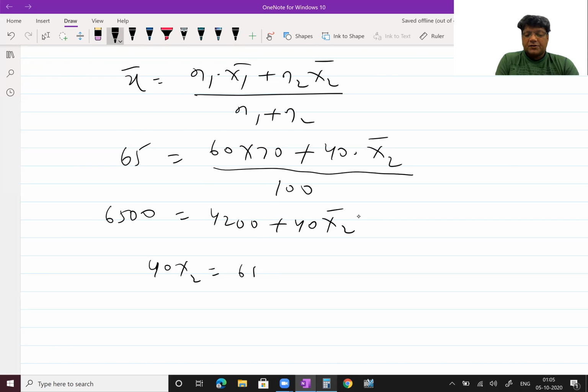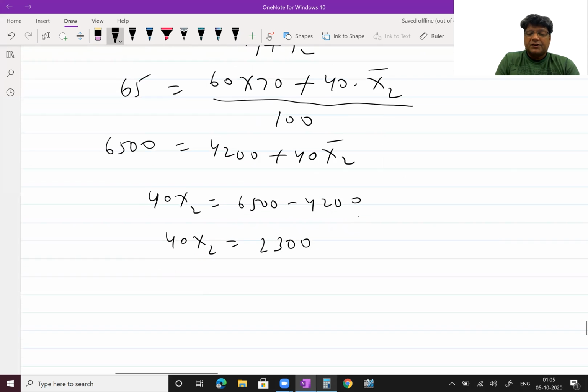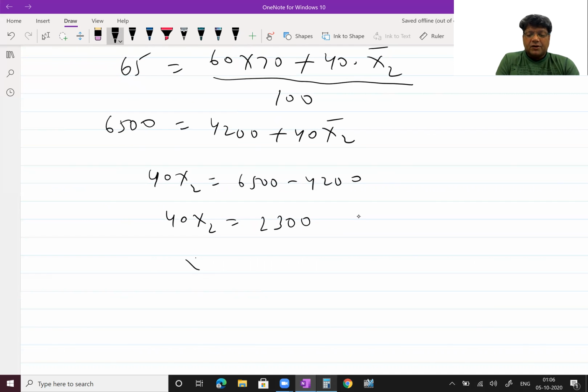So 6500 minus 4200, that is 40 X2 bar equals 2300. X2 bar is equal to 2300 by 40. The zeros cancel, 4 fives are 20, 4 sevens are 28, so 57.5.